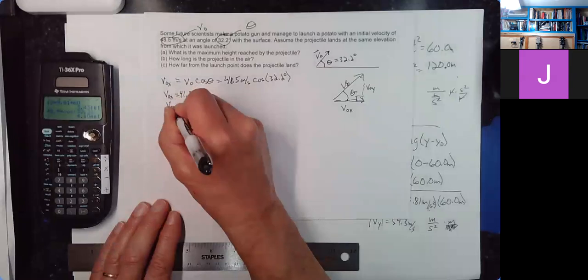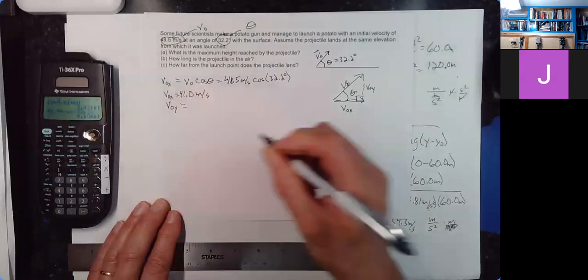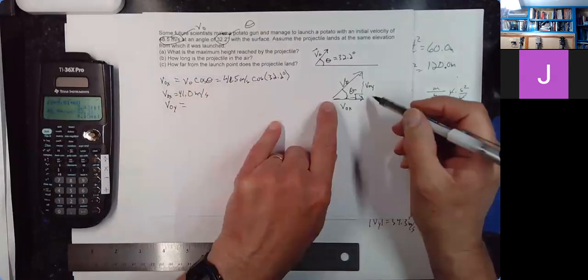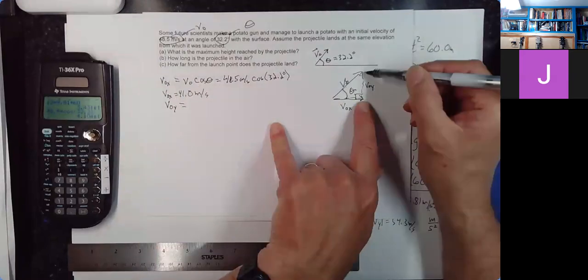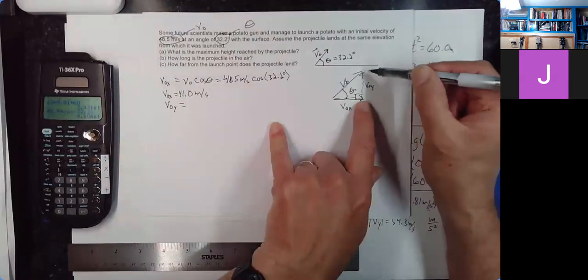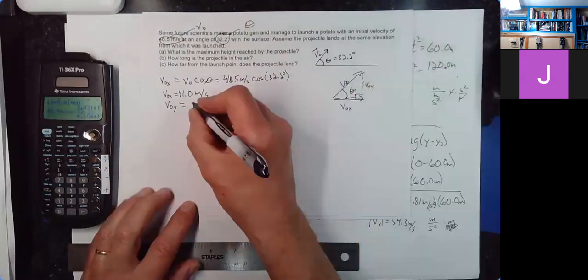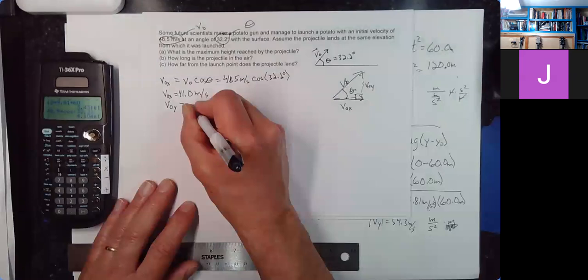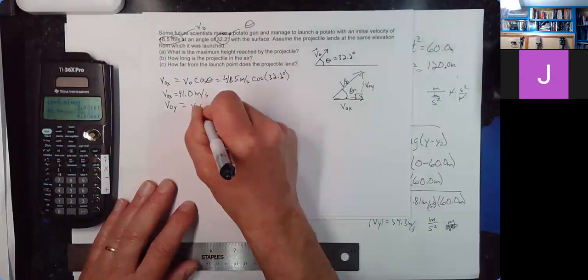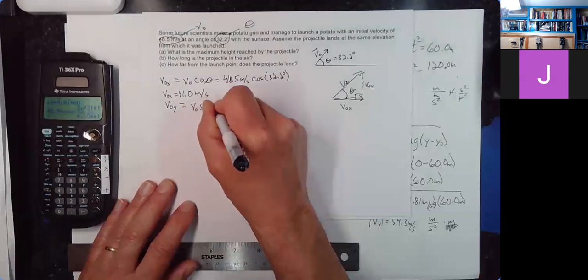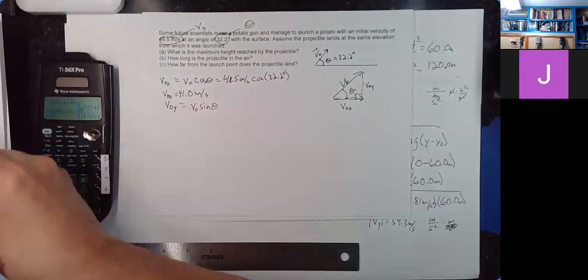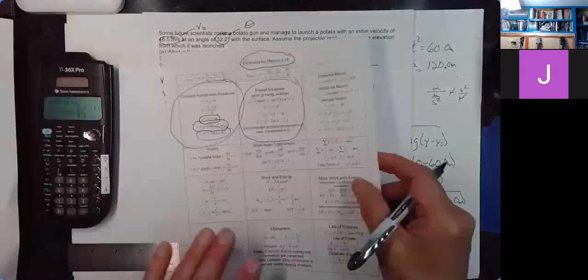But I'll also need V naught Y. And V naught Y in this triangle is this opposite side. This opposite side divided by the hypotenuse is the sine of that angle. And that means V naught Y will equal V naught sine theta. But I think I've got that on your formula sheet just the way it is.